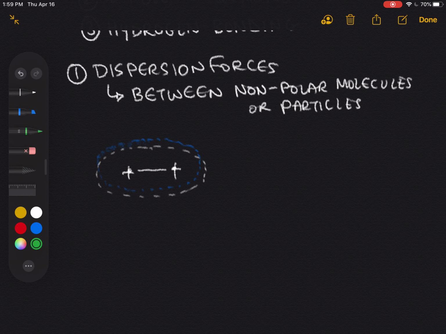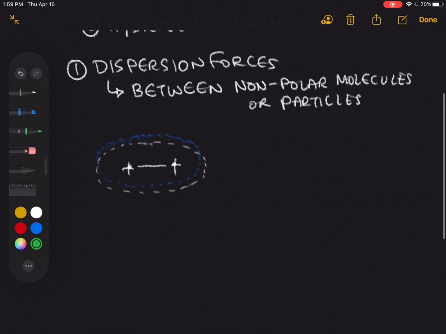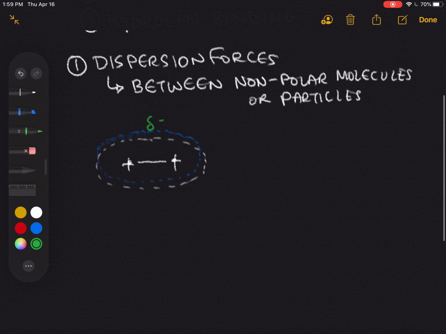And if we have a temporary shift, what that means is that, albeit temporarily, there is now a slight negative charge up here and a slight positive charge down here. As you can see up here, there's more of the electron cloud in this area, and so this side of the molecule is temporarily more negative. And down here, there is less of that electron cloud, and so it is temporarily more positive.